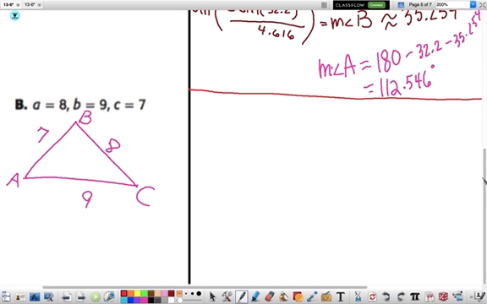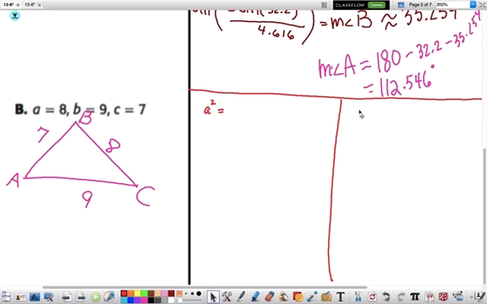A, C. We'll find A and C. So I'm going to start over here and say A squared is equal to, and I'm going to do one over here and say C squared is equal to. Oops. And we'll just kind of go through it.